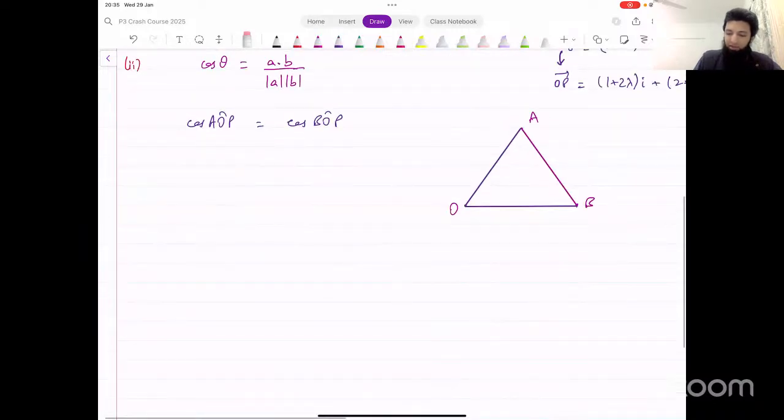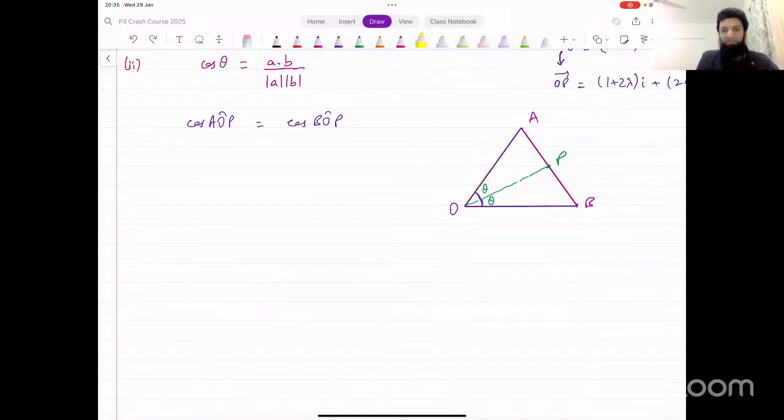What's the angle AOB? This is the angle AOB. OP should bisect this angle. So where should P be? It should be somewhere around here, so that when you draw this line, this angle and this angle, they are both the same. So this angle is being bisected. This complete angle, AOB, is divided into two parts by that line OP.